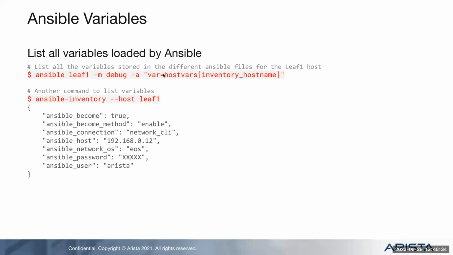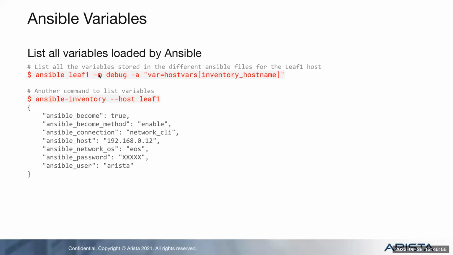So when you pass these args to the debug module, it says print out these vars. And this gives you a data structure, which is what we execute at runtime. And you get this very, very long output of every single variable that's available. You execute for that device context and what the value will be.